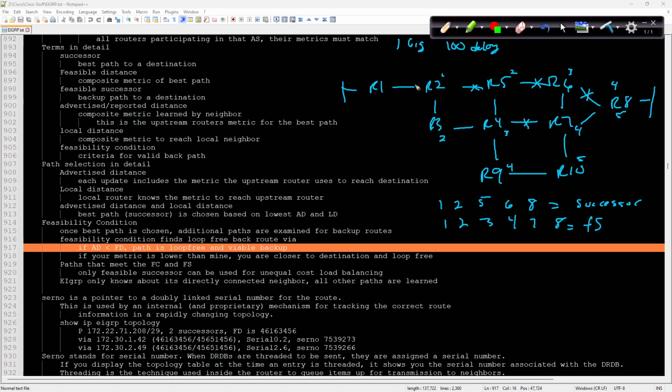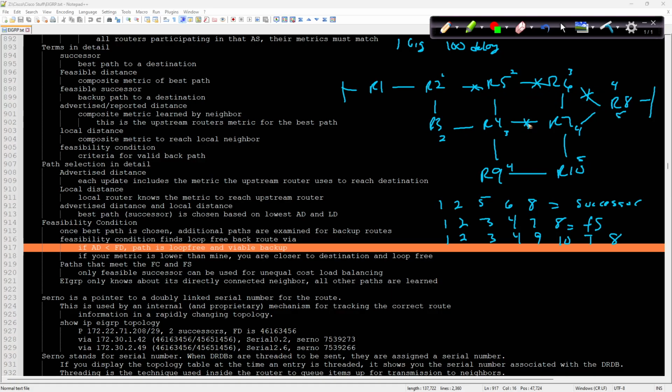So I'd have 1, 2, 3, 4, 9, 10, 7, 8. That could be a backup path if the connection between R4 and R7 is down, and none of the links on the path from R2 through R8 are up.